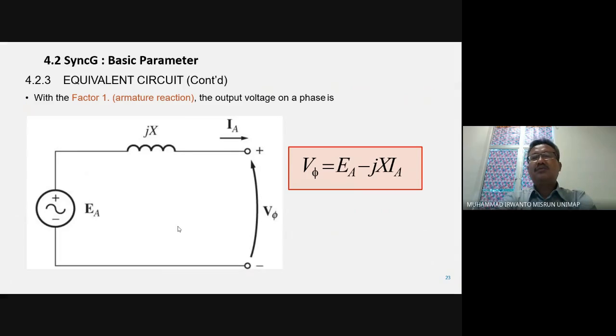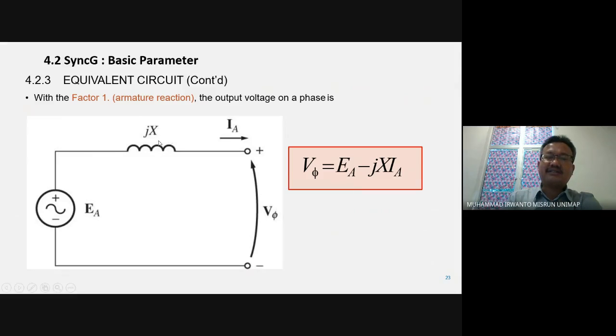Now we can see the stator part in this figure. If we consider the first factor, armature reaction X, we have the relationship between internal generated voltage and phase voltage.